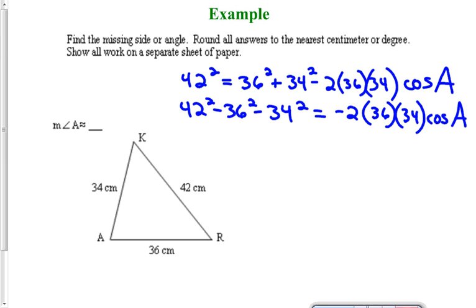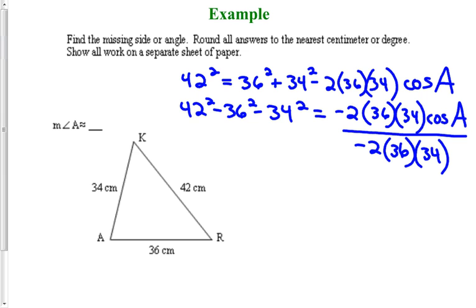All right, now I need to get the cosine of angle A by itself. We know that it's being multiplied by the negative 2 times 36 times 34. I undo multiplication by dividing. So I'm going to divide both sides of this equation by negative 2 times 36 times 34.